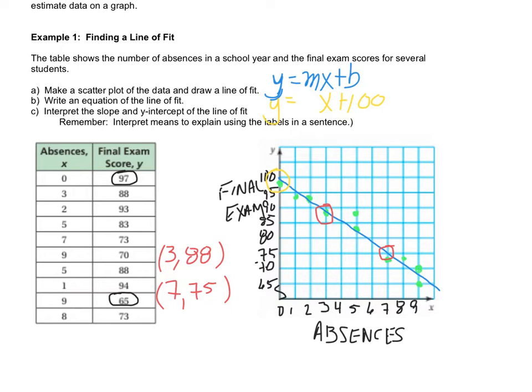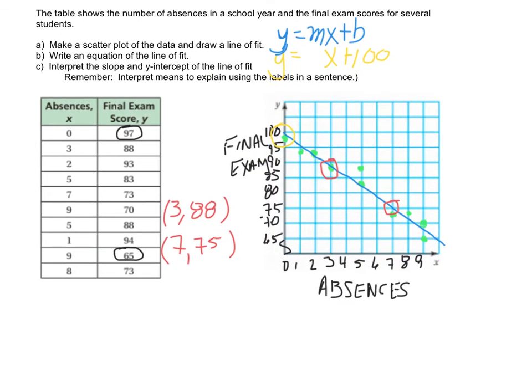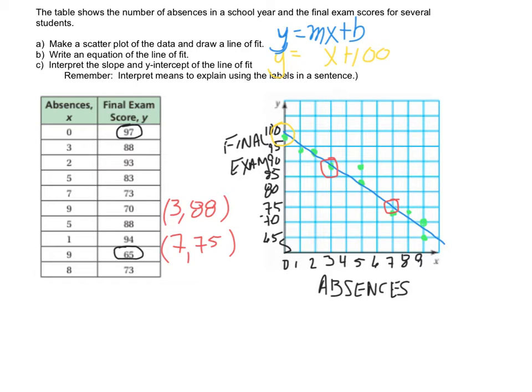So remember, with our rise over my run, what I would do is I would say, subtract your y's, so 88 minus 75, and then subtract in that same direction 3 minus 7. So I would get 13 over negative 4. So my slope, which then filled in to my equation, is negative 13 fourths x plus 100.